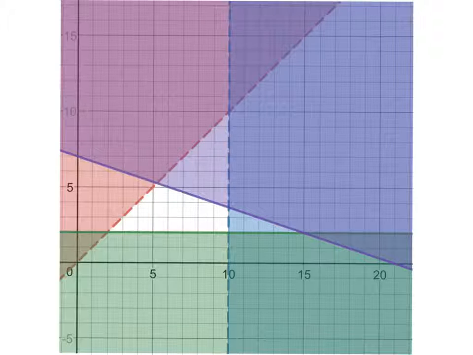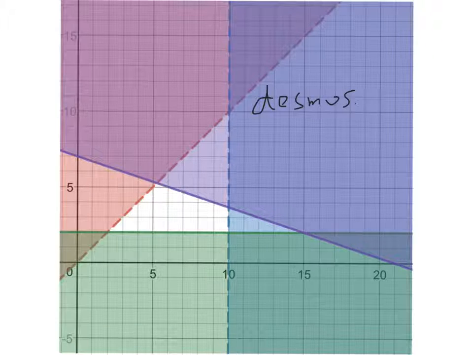I graphed it another way on Desmos.com, a nice graphing site. I had to actually use the opposite symbology for the not solution, basically to shade the appropriate areas. Again, you have your region in here, and we're going to look at the cost function, which was less than 21.